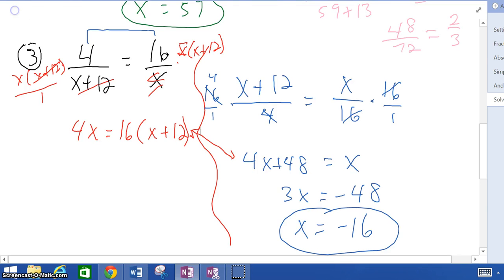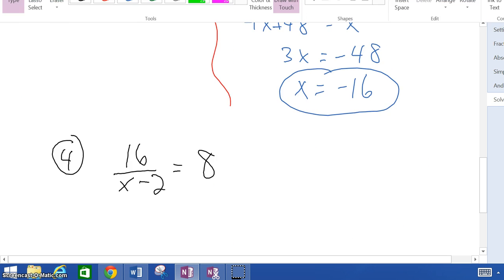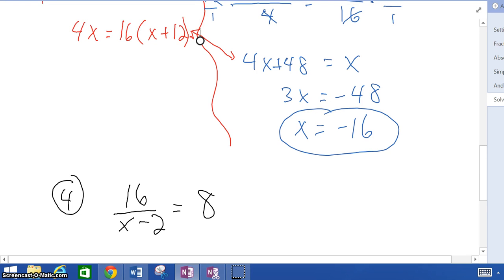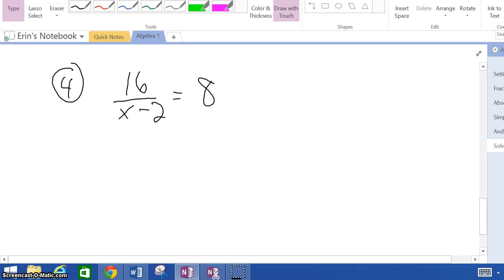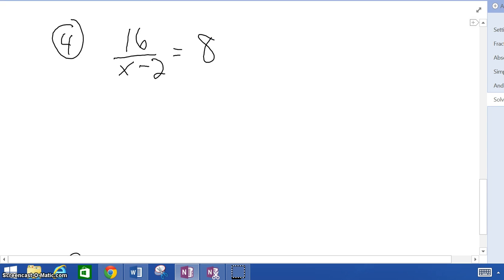Okay, let's try another one. In this case, I can also get rid of my x in the denominator by multiplying by x minus 2.